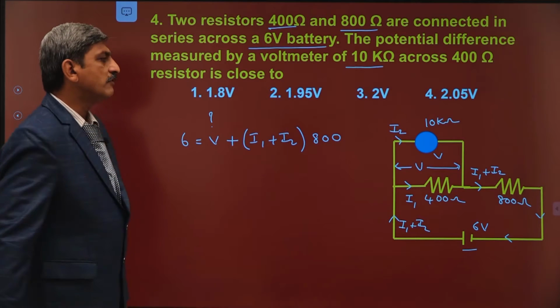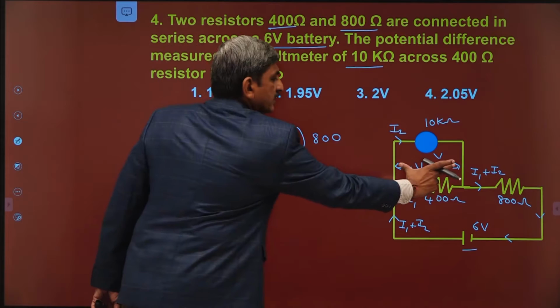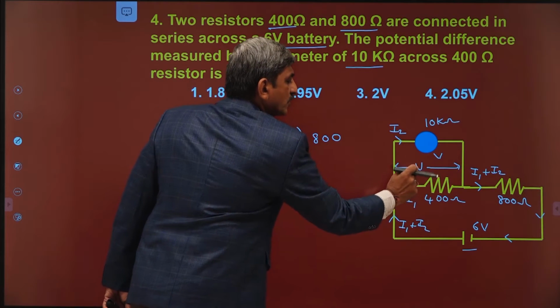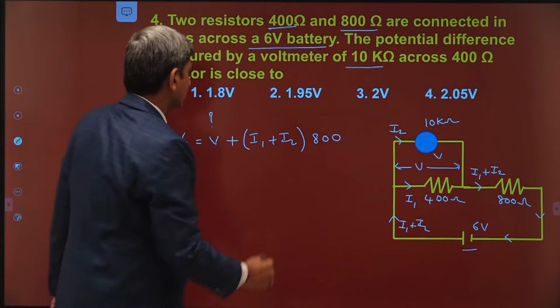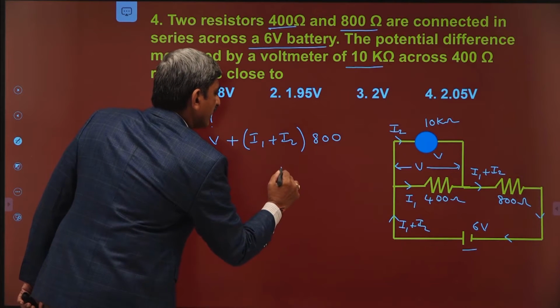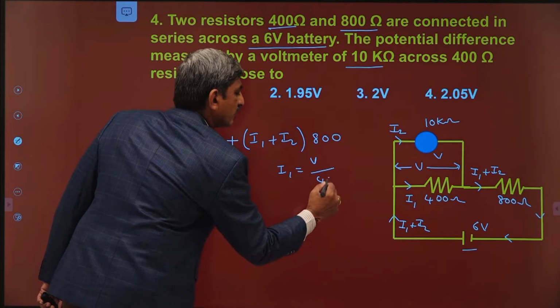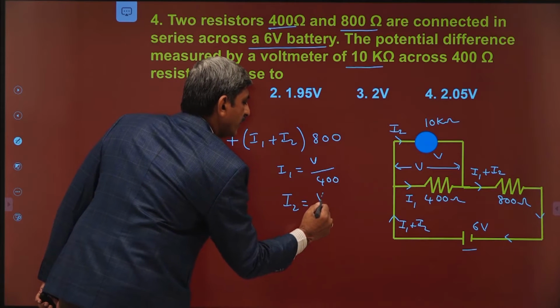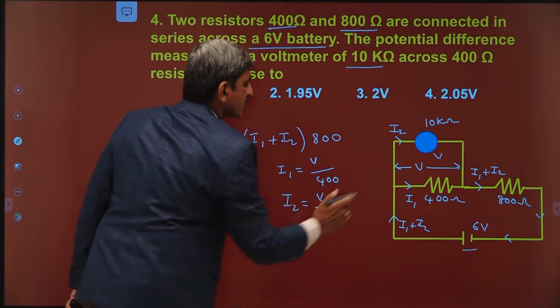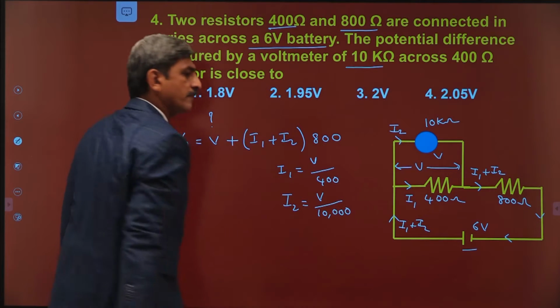Then how do we find the I1 value and I2 value? See, in this diagram, the potential difference across these 2 points is equal to V. We know this resistance value, so can you determine the I1 value? Yes. From this circuit, we can write I1 is equal to V divided by 400 ohms. Similarly, I2 is equal to V divided by the resistance of the voltmeter, that is 10,000 ohms.